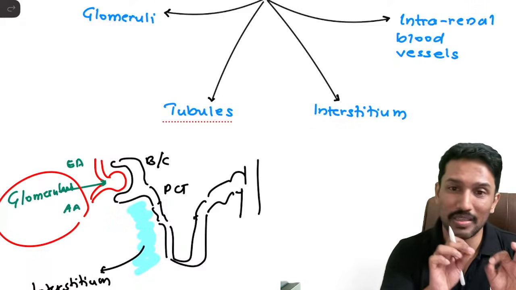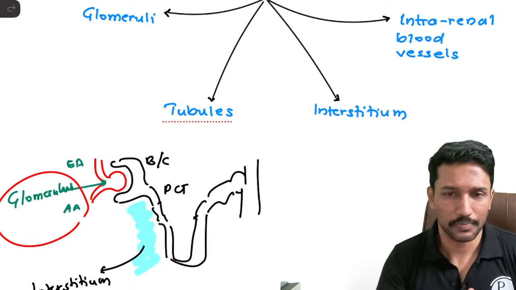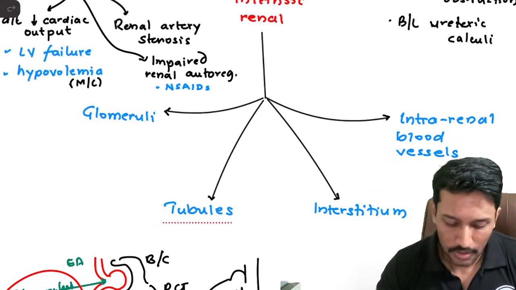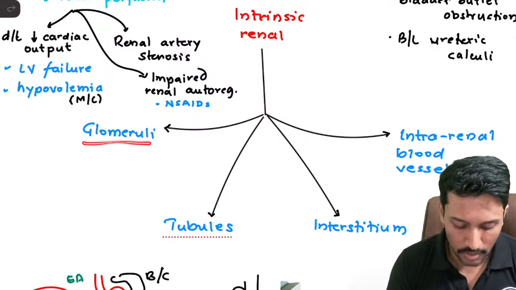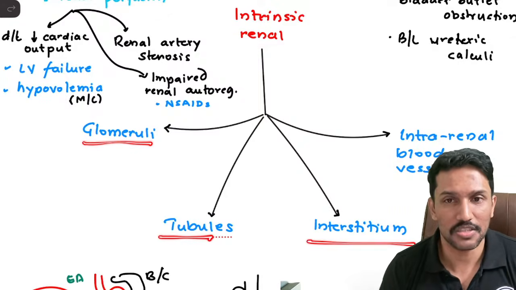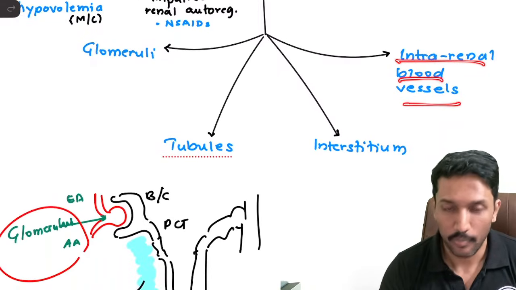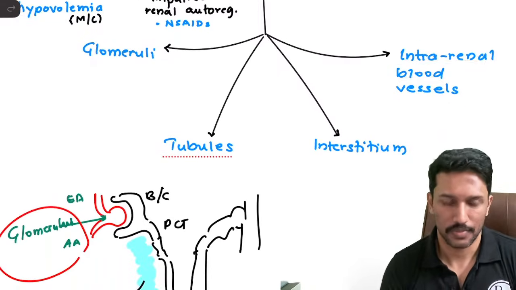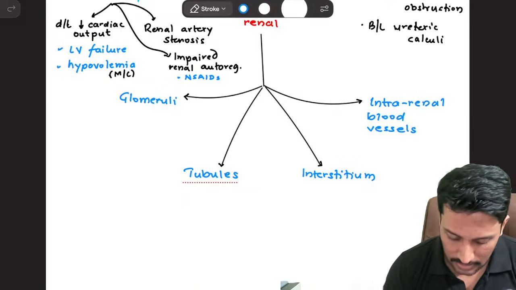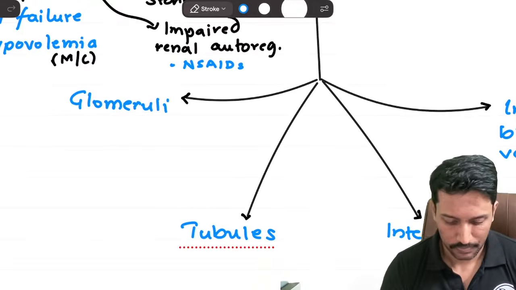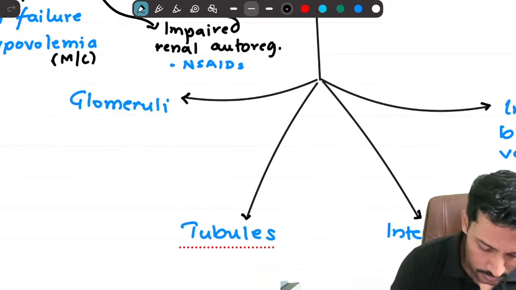So if there is some problem in the blood vessels, you can still have kidney dysfunction. So the intrinsic renal causes for AKI will be divided into glomerular disorders, tubular disorders, interstitial disorders, and intrarenal blood vessel related disorders, right? So what glomerular disorders usually present as acute kidney injury?